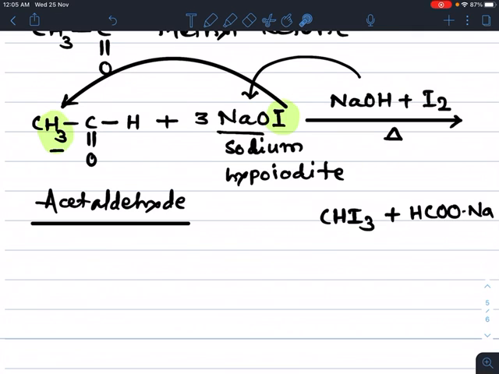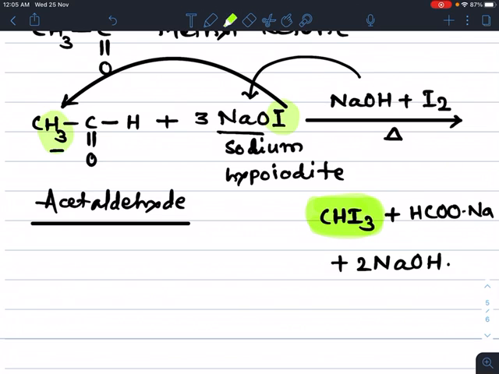To balance the reaction, the 3 NaOI are finally converted into the remaining byproduct, twice NaOH. So the haloform we get is the iodoform.